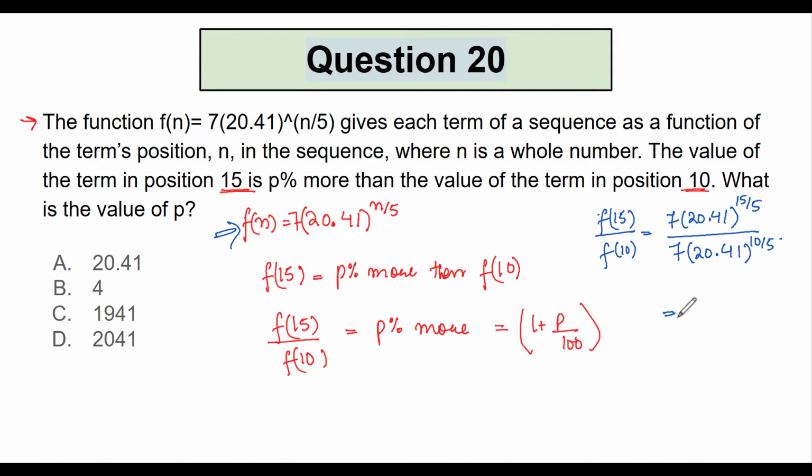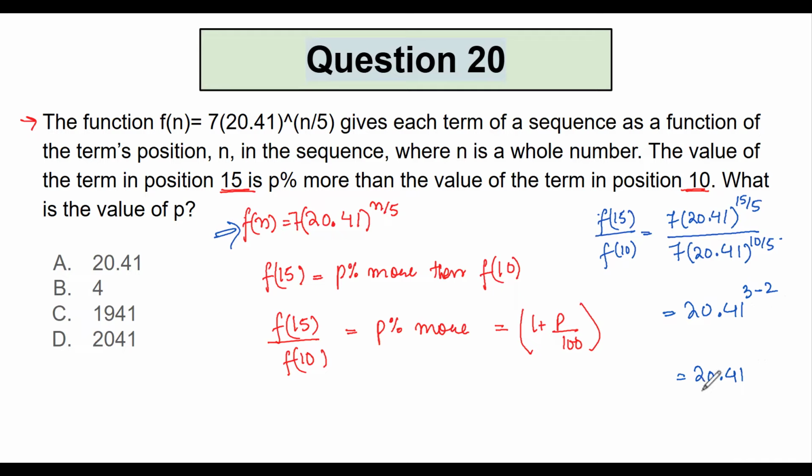Simplifying, 7 cancels out. You are left with, see here the bases are the same, 20.41 to the power 15 over 5 is 3, and since the bases are the same, powers can be subtracted. 10 over 5 is 2. That is equal to 20.41 only.